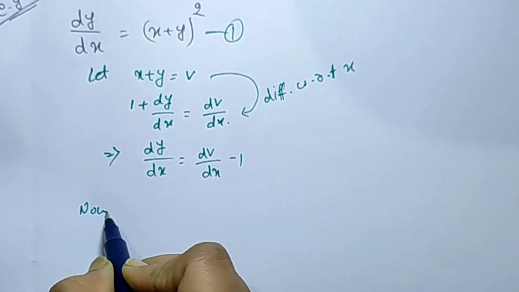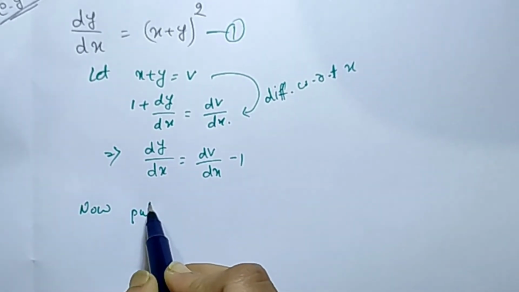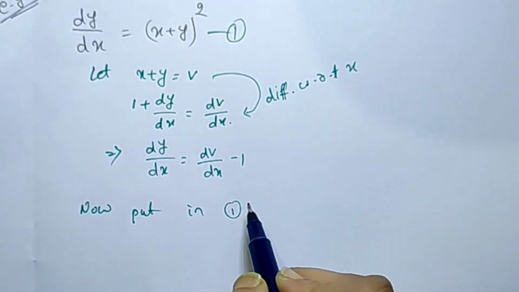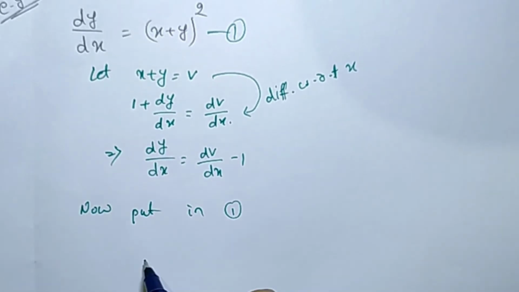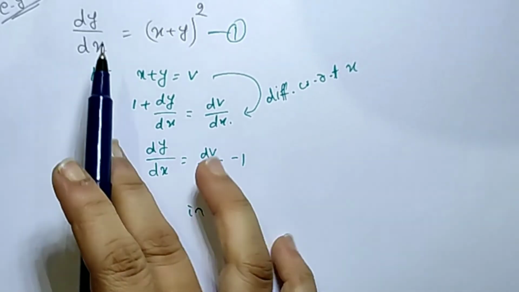Now put in equation 1. Now putting in equation 1, what can we get? We get dv by dx minus 1, this is the value of dy by dx.